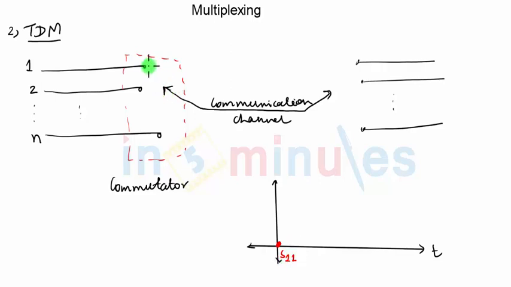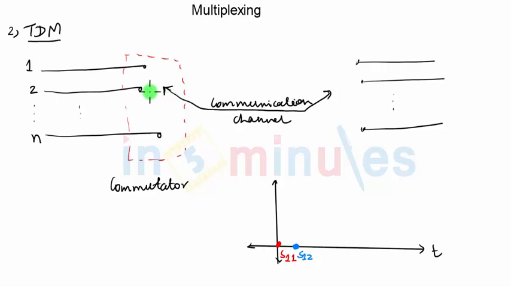Afterwards, this switch will move from the first input channel to the second input channel. It will read one sample from the second signal now. So the second sample which will appear on the communication channel, I can give it the name S12, because that's the first sample but of the second signal.